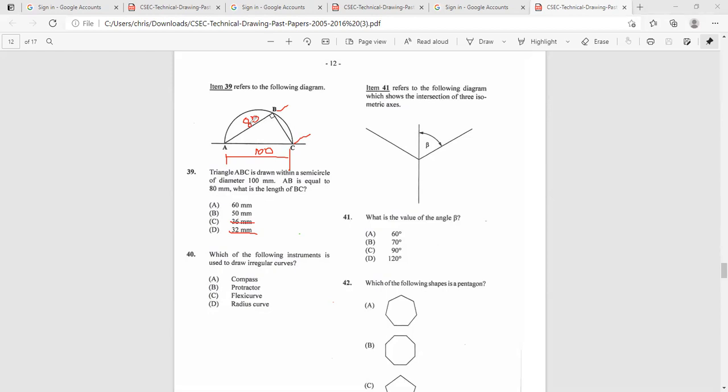It is more than half, so it could not be 36. 50 or 60. Looking at here, I would say this is 60. Of course, you could match it out. So I would say this is 60.